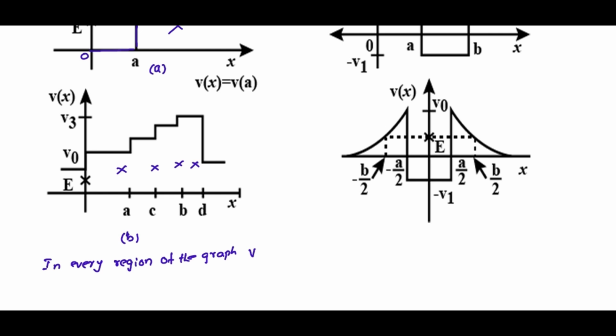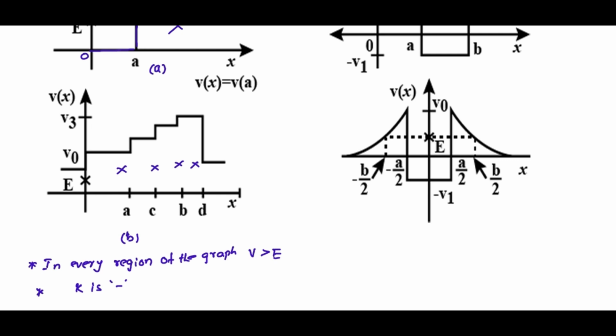potential energy is more than E. That means kinetic energy is negative. That means the particle cannot exist in all these regions.